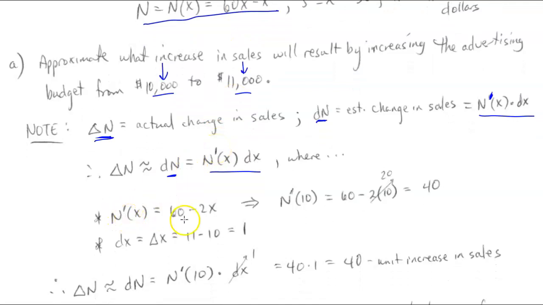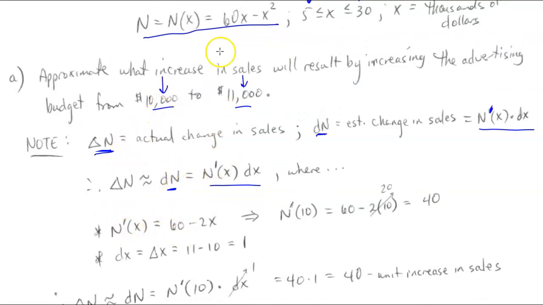So here we see that the derivative of our function 60x minus x squared is just 60 minus 2x. We see that we started off at 10,000, so that's just going to be x equals 10. And so N prime of 10 is going to be 40. The change in the amount of money that we spent in advertising is going to be $1,000.